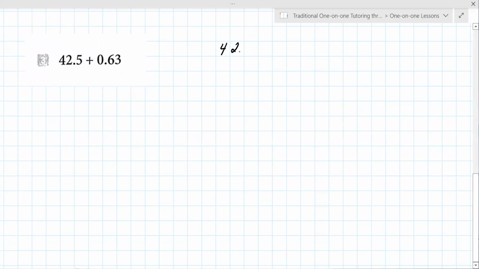And you may find it useful to line up the decimals like this, and put a 0 if there is one that is missing. Yeah, I think I will. Let me know when you get an answer for this one.